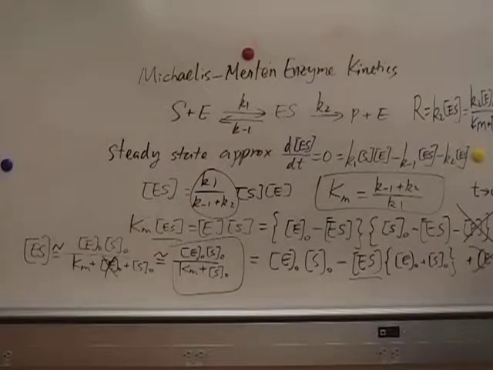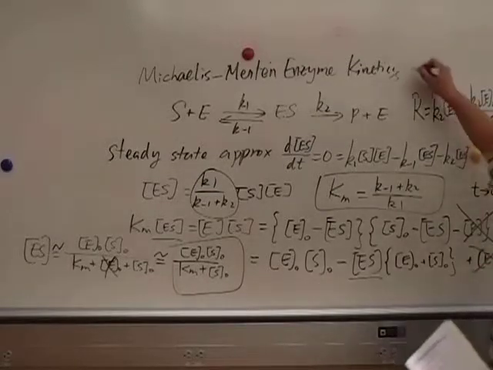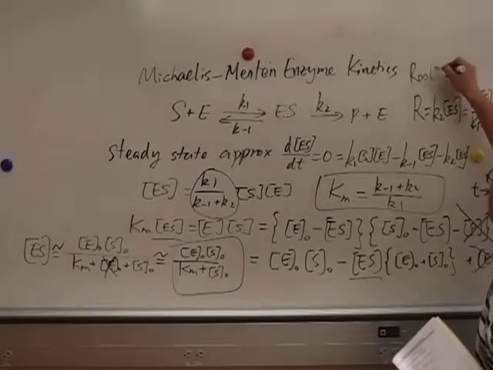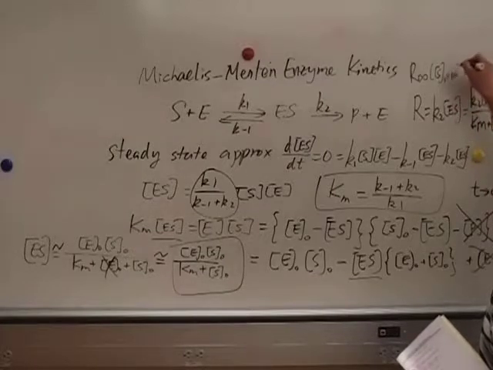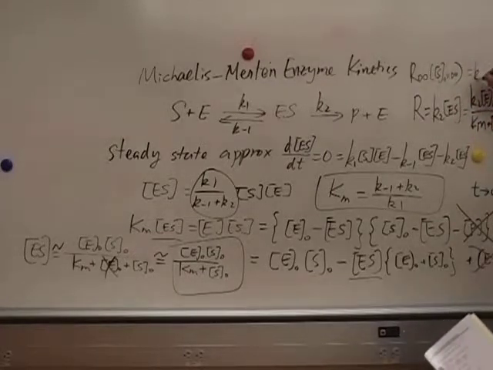Actually, the answer is no. If the initial concentration of the substrate approaches infinity, S naught is much bigger than Km, so we can neglect this Km, and then S naught cancels. So the maximum reaction rate when S naught equals infinity is equal to K2 E naught. It's not infinity, it's K2 times E naught.